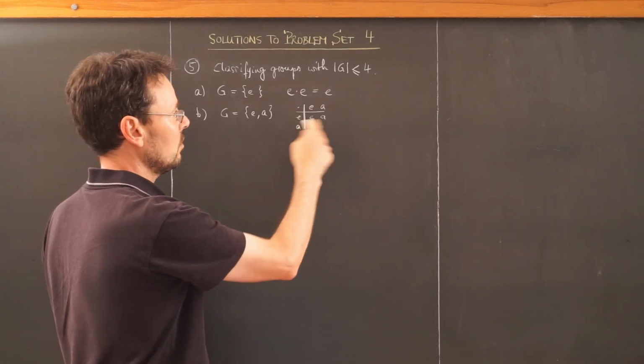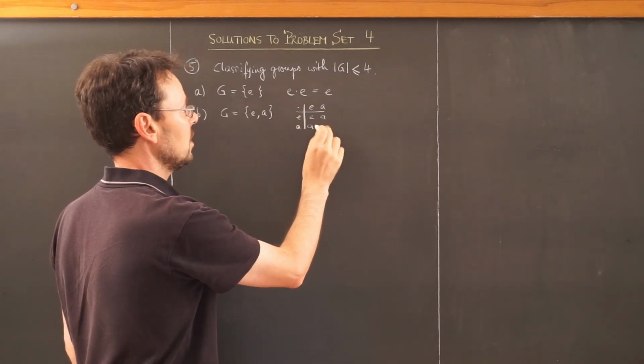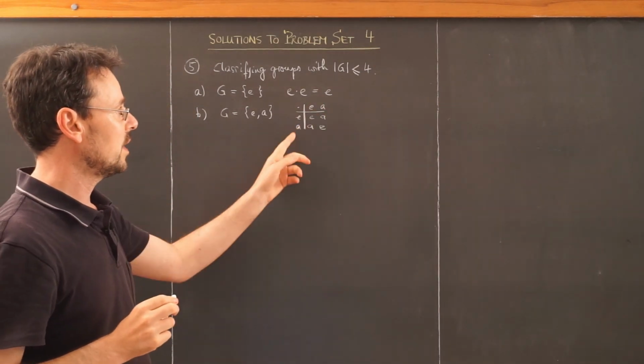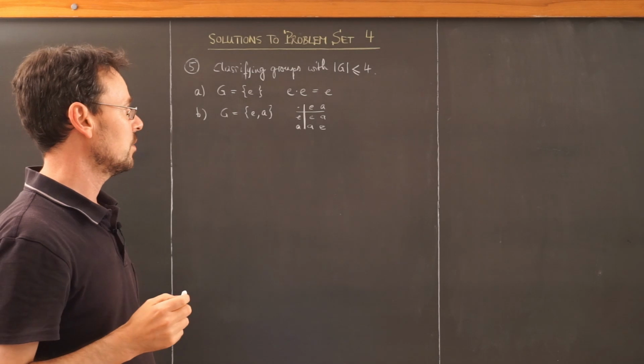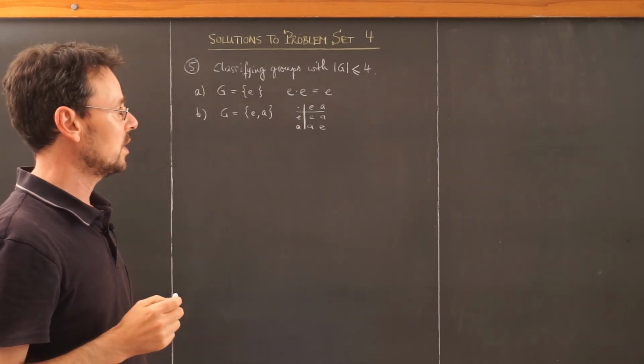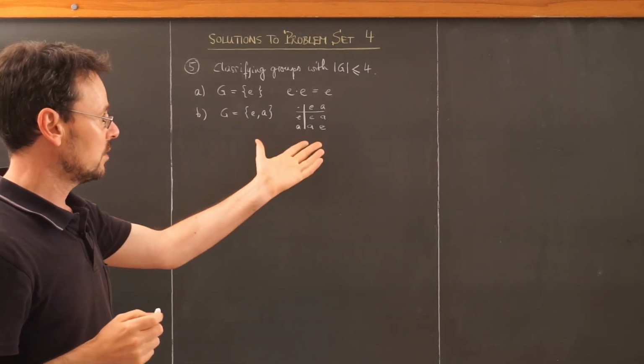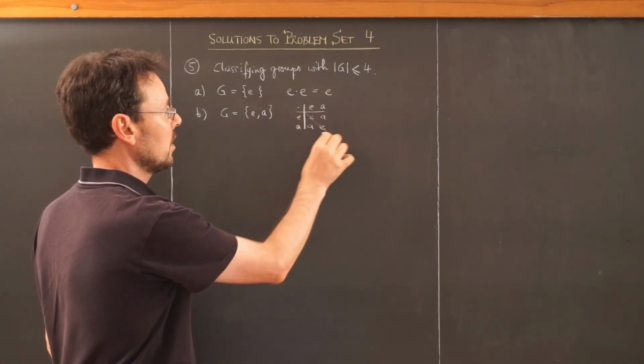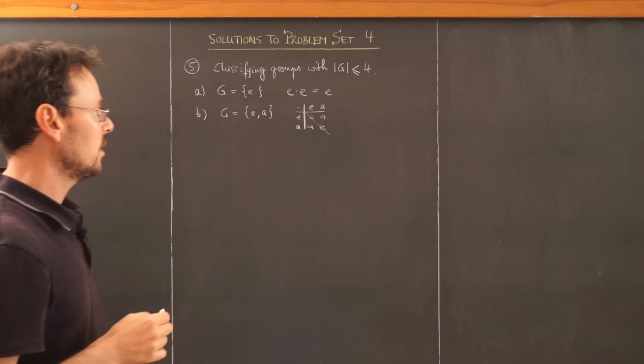And now A composed with A must be the identity, because otherwise A would have no inverse. So here A is its own inverse. This actually is a group table. The group is commutative, as we can see, because we have symmetry to this diagonal.